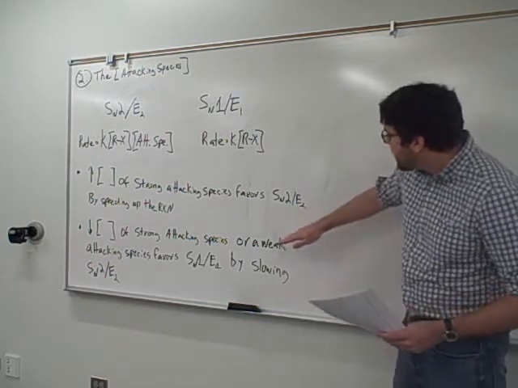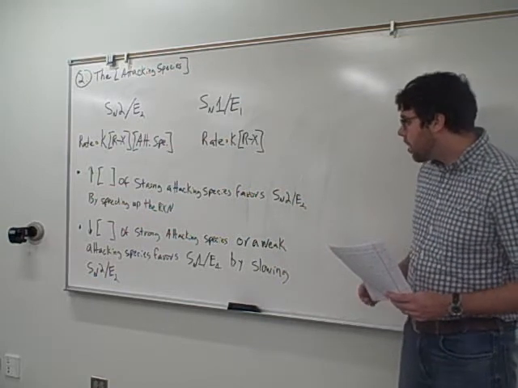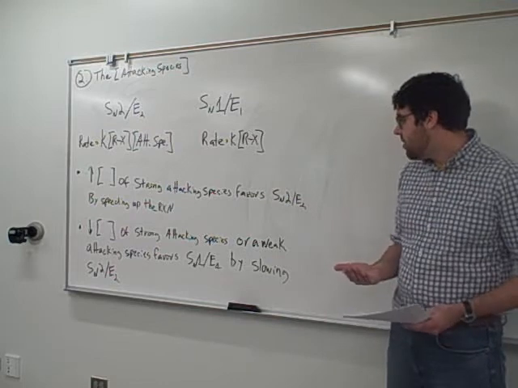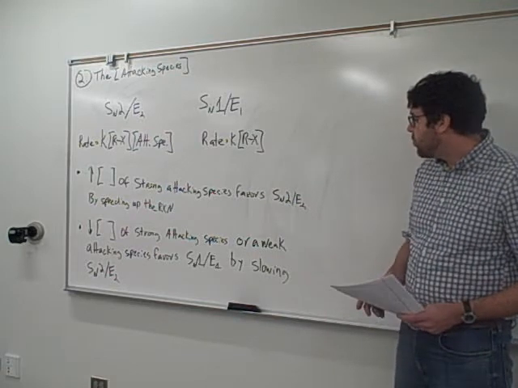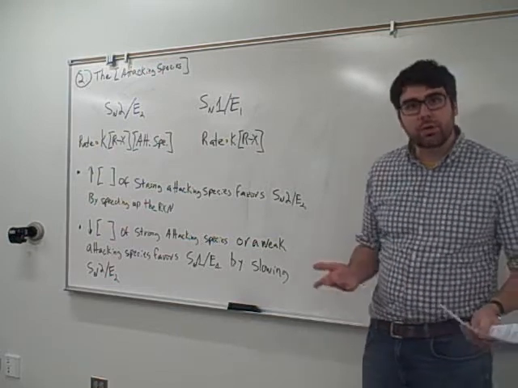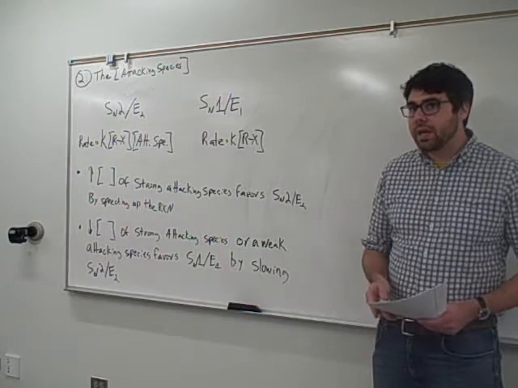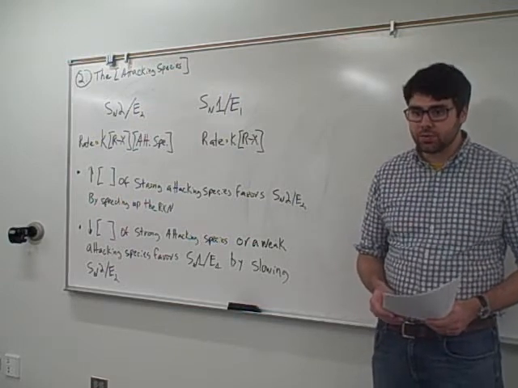On the other hand, a low concentration of strong attacking species, or a weak attacking species itself, will wind up favoring SN1 or E1, not necessarily because this makes the SN1 or E1 reaction faster, but because this slows down the competing SN2 and E2 reactions.